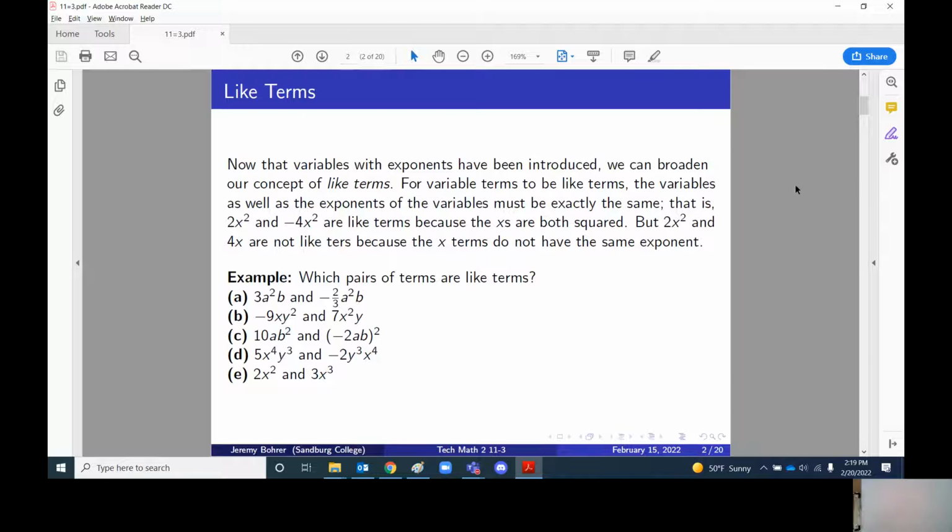But the only difference there is the order, and that doesn't matter. We could still add these terms because we could rewrite the second as negative 2 x to the fourth y cubed. Finally, in E, we've got an x squared in the first term and an x cubed in the second, so those are not like terms.